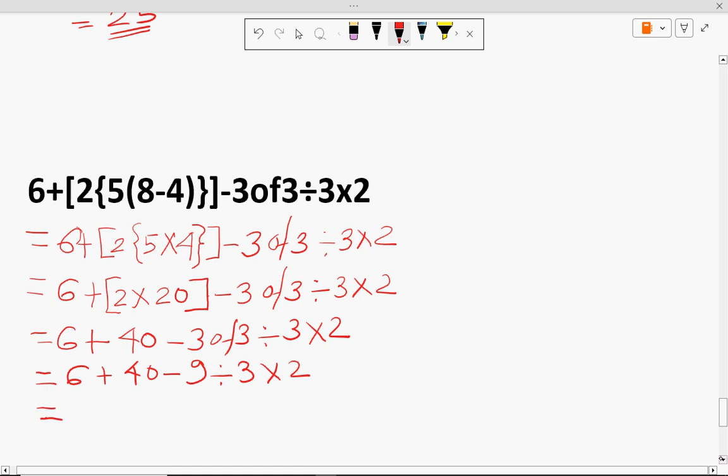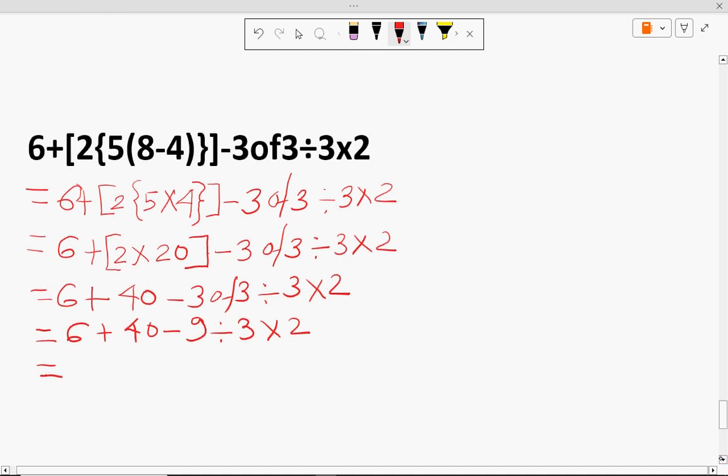In this step, we see that the division is the highest order of operation. Six plus 40 minus 9 divided by 3 is equal to 3 into 2.